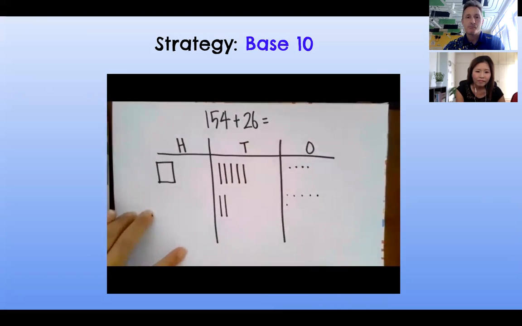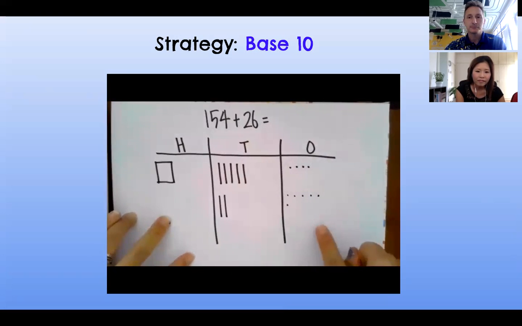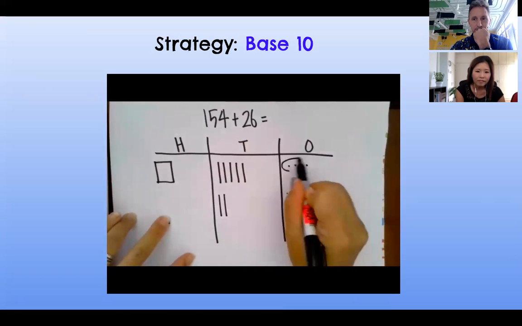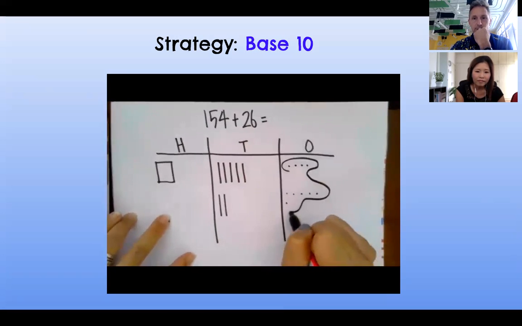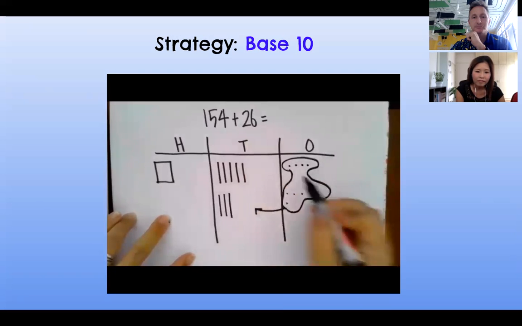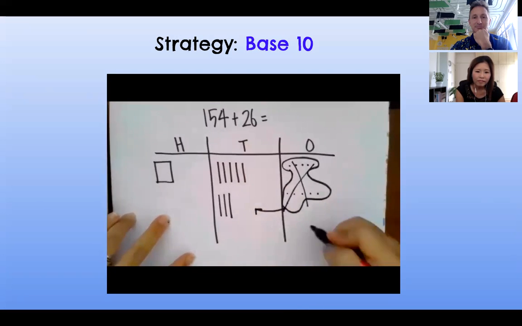All right, I'm ready to add these numbers now. I'm going to start by adding my ones. 6 and 4. I know that is 10 because that is friends of 10. So I can put them together and I can exchange it with 1 ten. Okay. So I have no ones left.